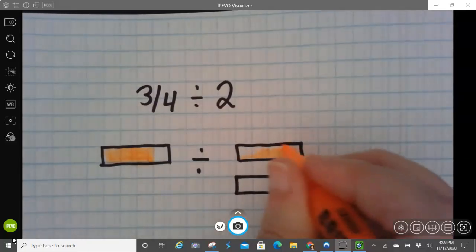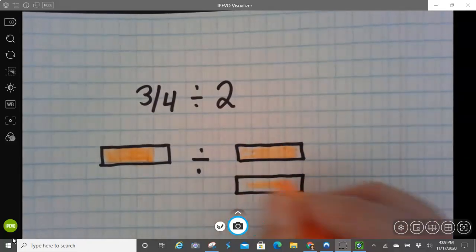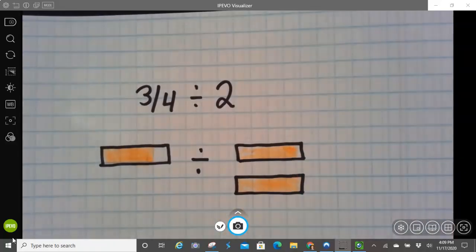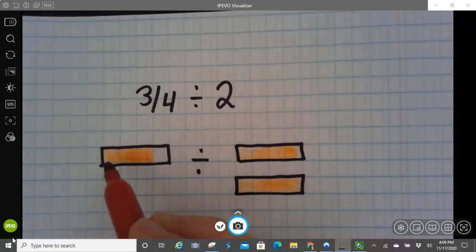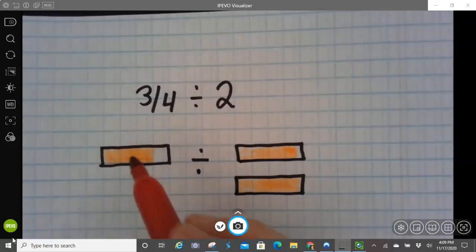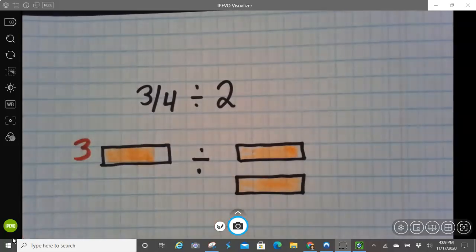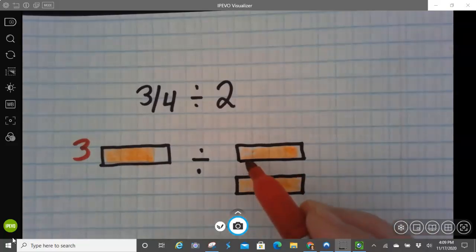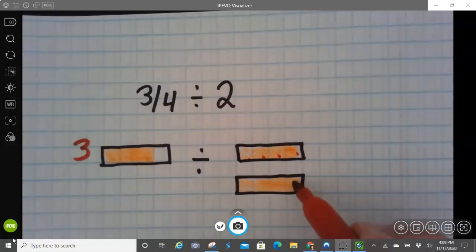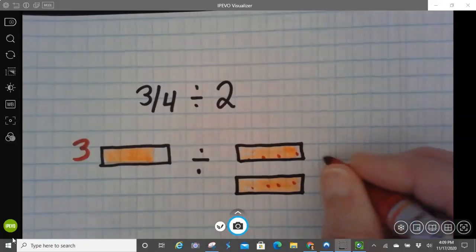And 2, that means this whole one and this whole one are shaded in. One last thing to do, let's count up. How many shaded do we have? 1, 2, 3. How many shaded do I have? 1, 2, 3, 4, 5, 6, 7, 8.